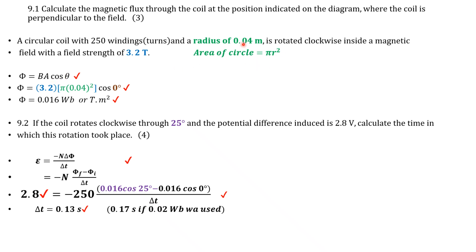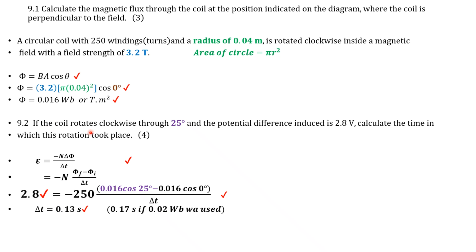The radius they gave us is 0.04 meters, so it's going to be 0.04 squared times pi, times my magnetic field strength 3.2 Tesla, and cos 0 degrees. And that would give me 0.016 Weber, or Teslas per meter squared. 1 mark for the correct formula, another mark for correct substitution, and another mark for the correct answer.